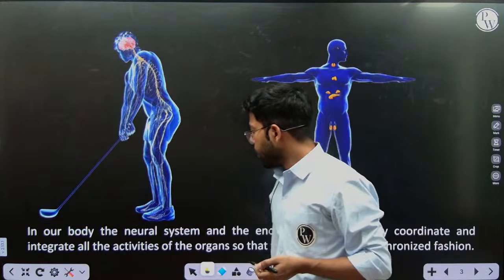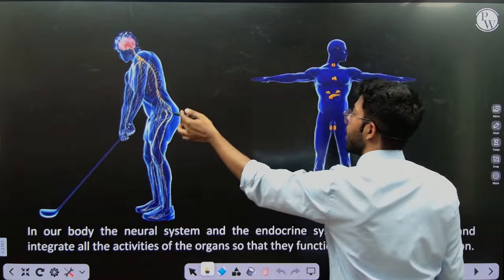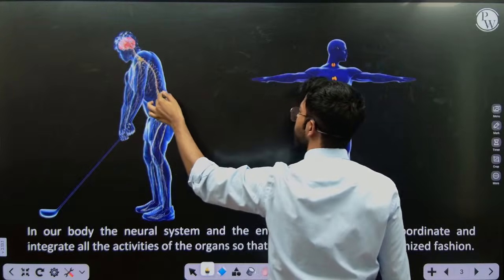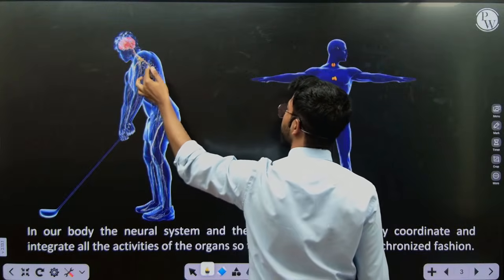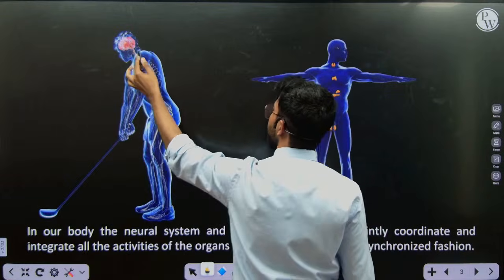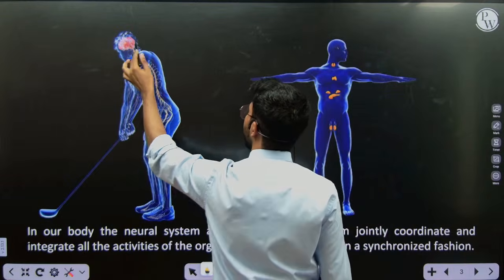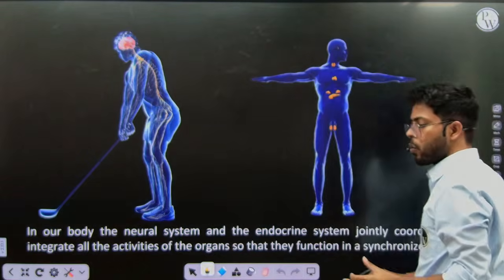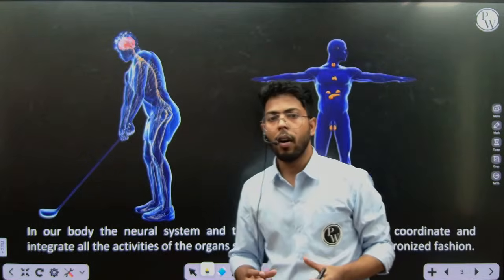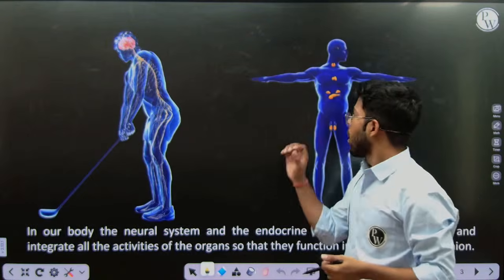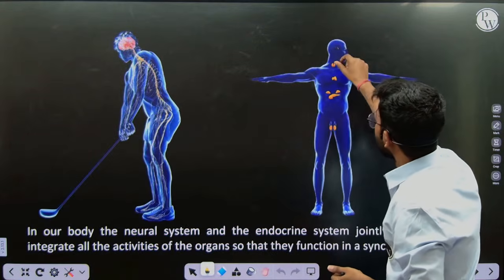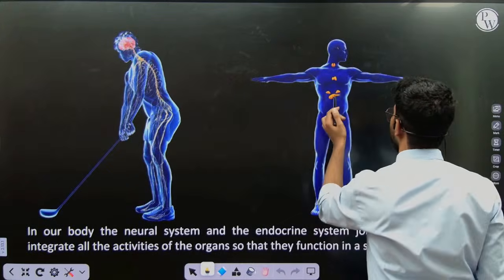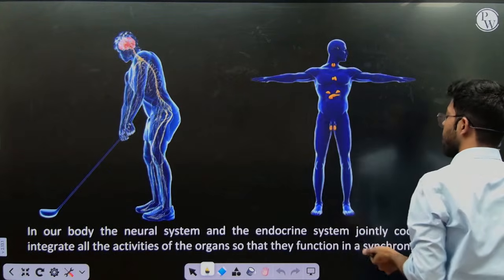For example, in the neural system we have the brain and the spinal cord, which is present inside the vertebral column of our body, and it is dorsally present. For the endocrine system we have diffused tissues or organs, for example the thyroid gland, thymus gland, adrenal gland, pancreas, and gonads.